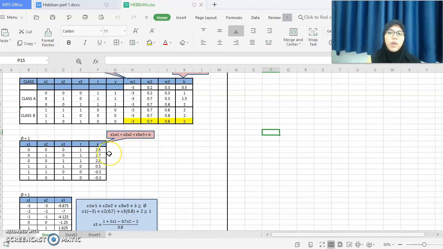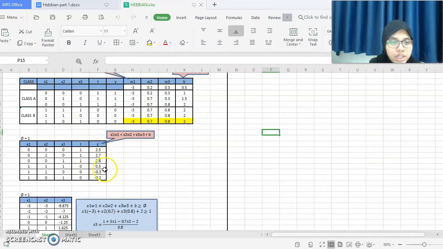If the value of y prime is more than or the same as 1, which is the theta value, we will get t is equal to 1. But if y prime is less than 1, we will get the t value is equal to 0. From here we can see that y prime equals 2.5, 2.7, and 2.8. We can see that t is equal to 1.